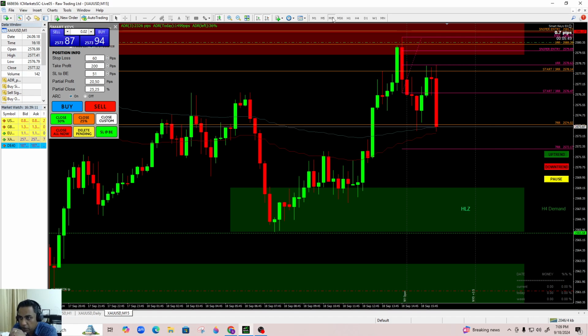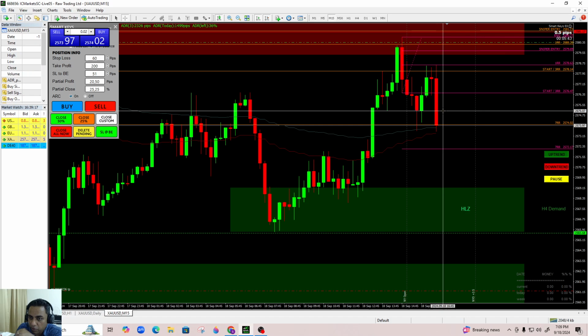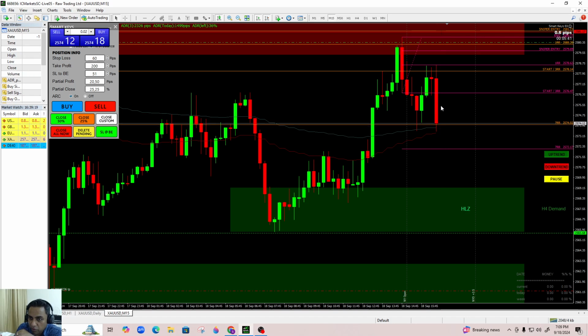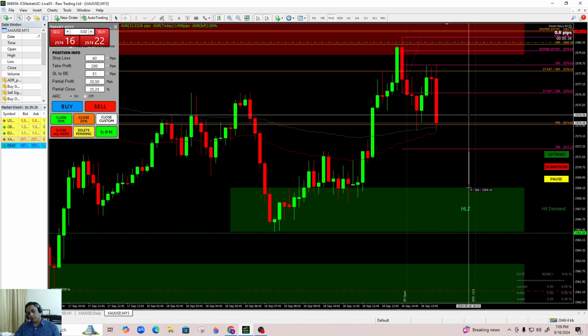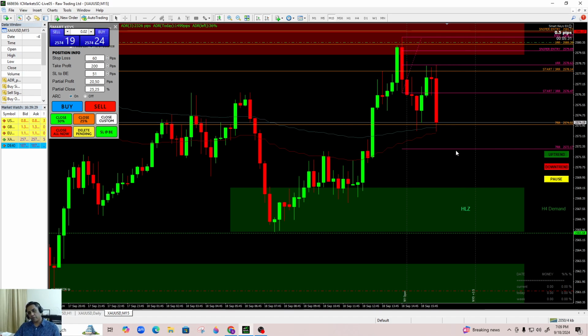Just under 6 minutes for the M15 candle to close, and it seems like we are going to close below this support. And if we do close below this support, the next candle creates a top wick and continues down all the way down here. Yeah, that's a good 56 pip drop, another 56 pip drop.